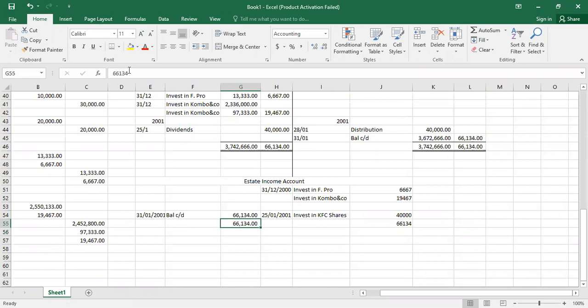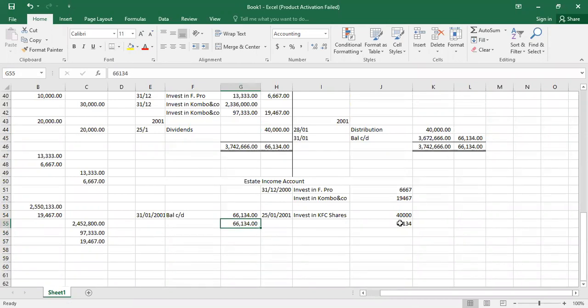So that one is a simpler one. The other book is estate capital. The other one is estate capital.